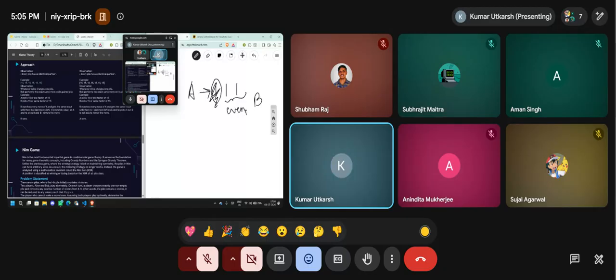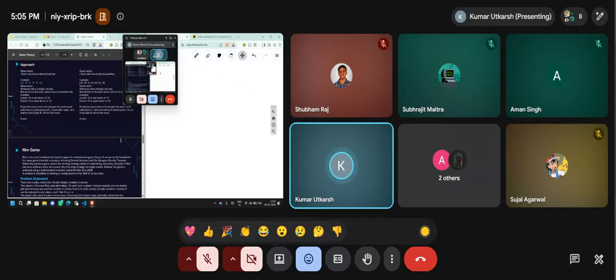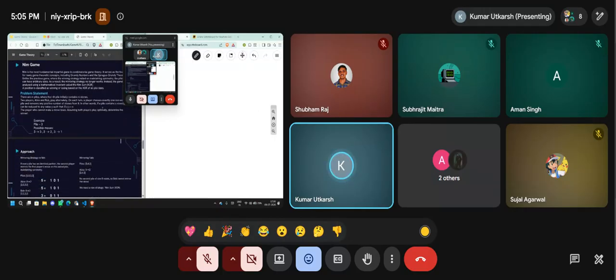So for B, if an even number of piles remain, we saw from this example that whenever an even number of piles remain, the opposite opponent wins. So for B, an even number of piles are remaining, so it's generalized that A will win if they both play optimally. Okay. So this is how we can introduce our next game, that is NIM game.